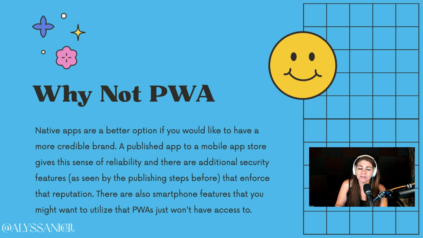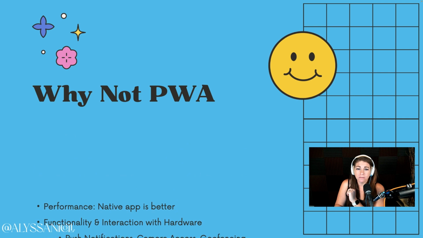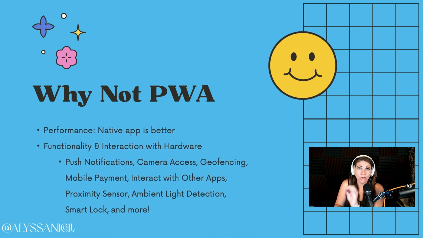Native apps, there's lots of reasons why they're better than a PWA. They are more stable and have a better reputation if you're shipping to a store versus, download this PWA shortcut kind of thing on your phone. There's also features that a smartphone has that you can utilize that MAUI or Blazor itself will have an API to access that you don't necessarily have on the JavaScript side.